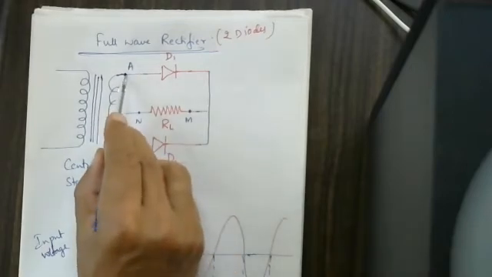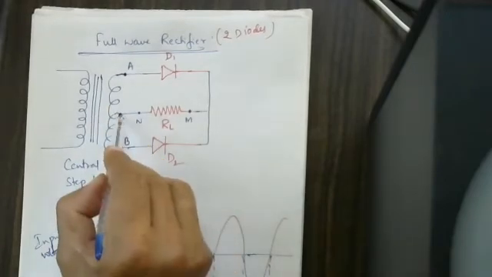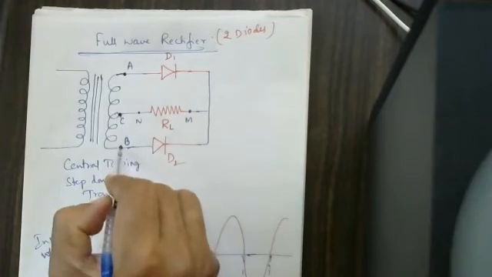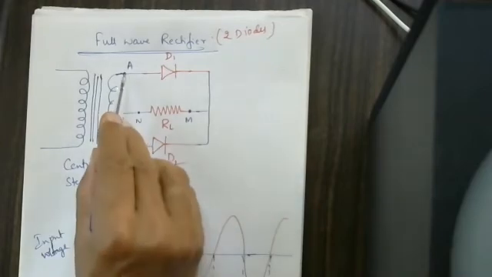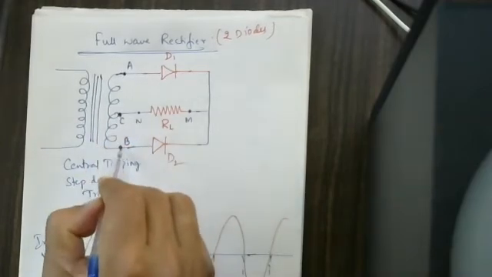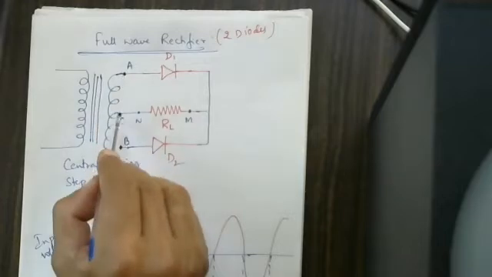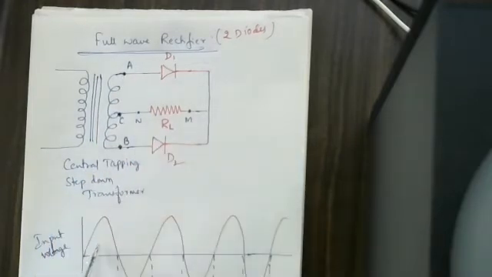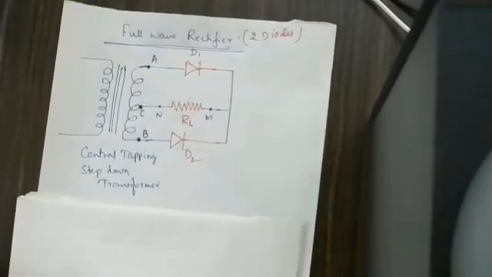Plus 5 volts, 0 volts, and minus 5 volts. Plus 5, 0, minus 5 during this positive half cycle. Therefore, during the positive half cycle, what will happen here? Okay, I will show it and write it here.